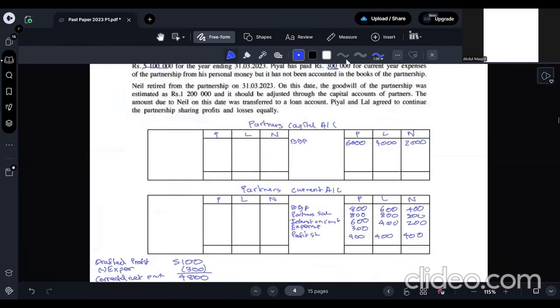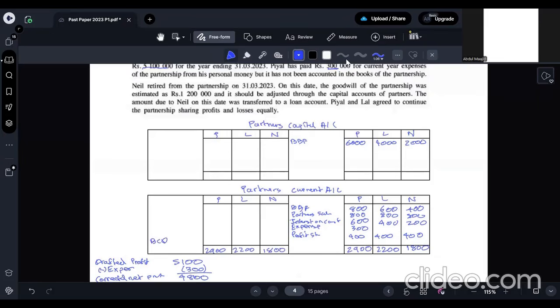Before that, now we need to transfer Neil's current account balance to the capital account if he's retiring, right? So we'll total this 800 plus 800 plus 600 plus 300 plus 400. That is 2,900. Then Lal 600 plus 800 plus 400 plus 400, 2,200. And Neil 400 plus 800 plus 200 plus 400, 1,800.